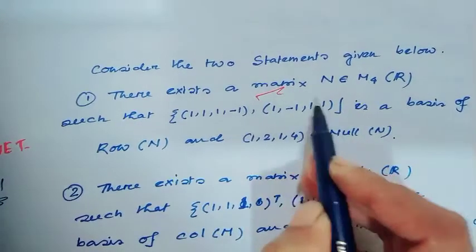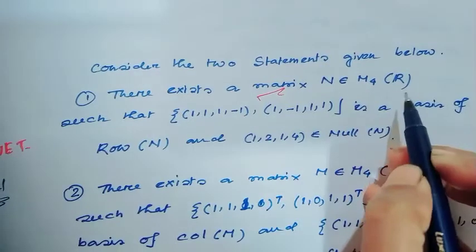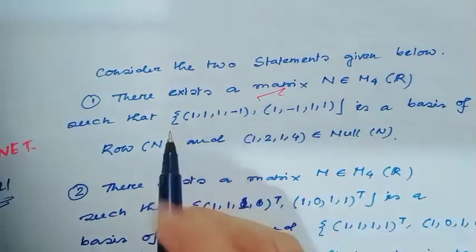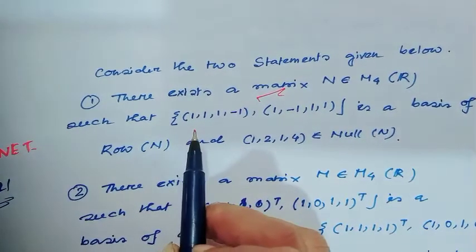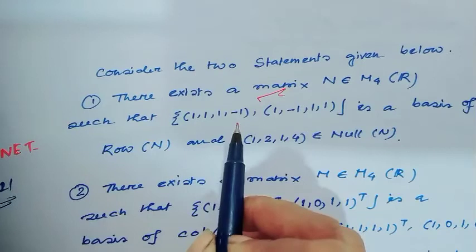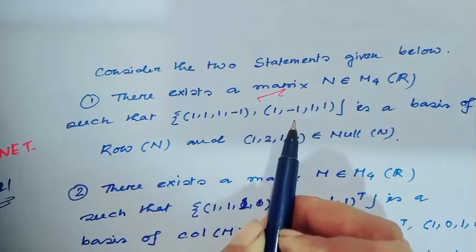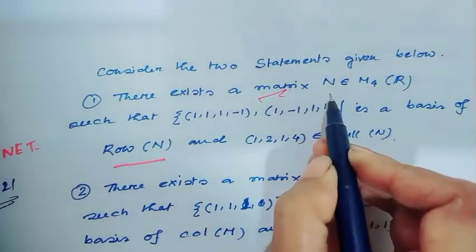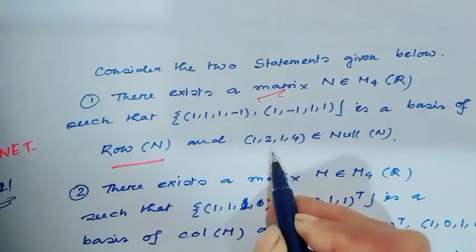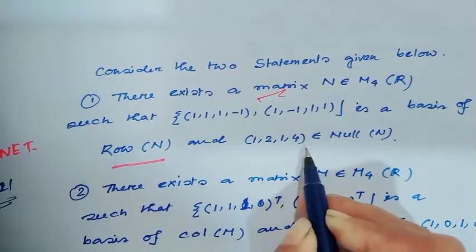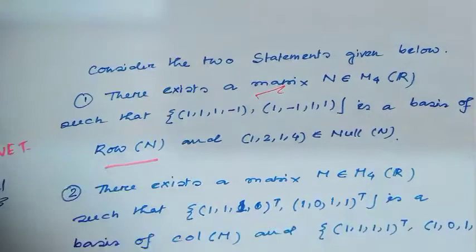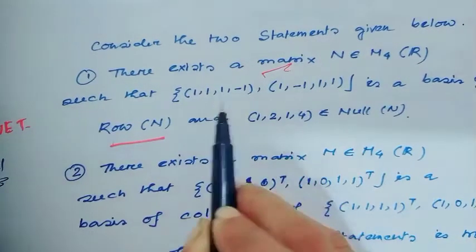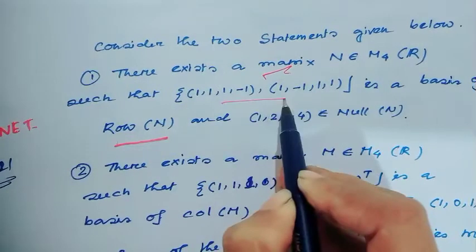Statement 1: There exists a matrix N belonging to M4×4 over the real field such that the vectors (1, 1, 1, -1) and (1, -1, 1, 1) are a basis of the row space of this matrix N, and the vector (1, 2, 1, 4) is in the null space of this matrix N. Notice these two vectors are linearly independent.